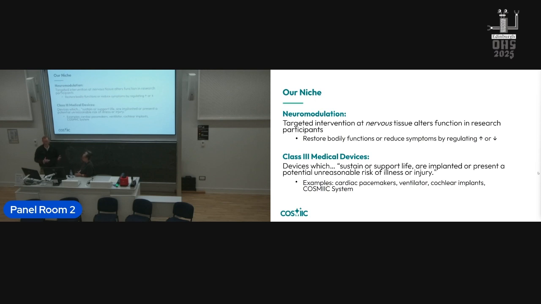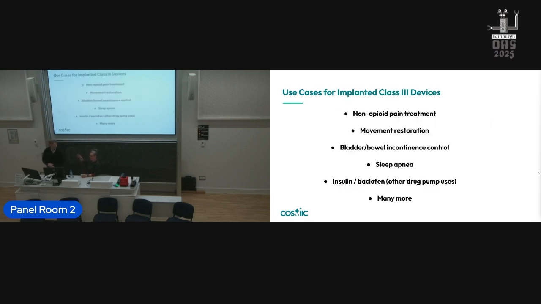Examples of devices like ours are a cardiac pacemaker, external ventilators, cochlear implants, and the device we'll be talking about today. Essentially, a Class 3 medical device is a device that interacts and intersects with the body. It's implanted in them.